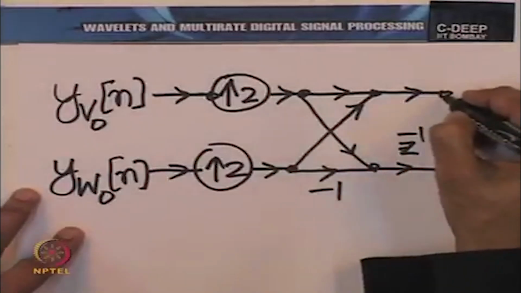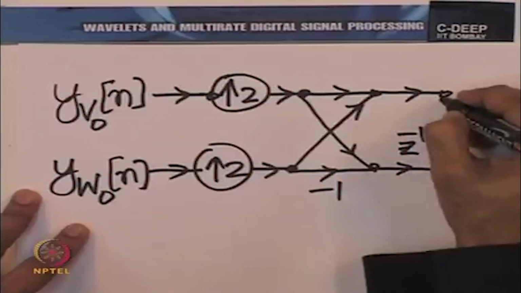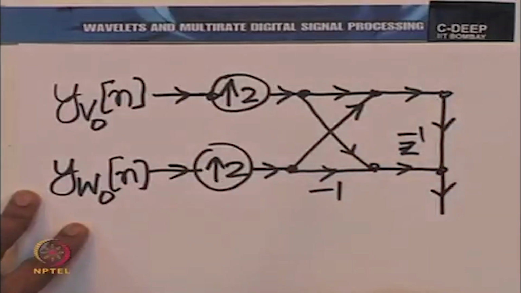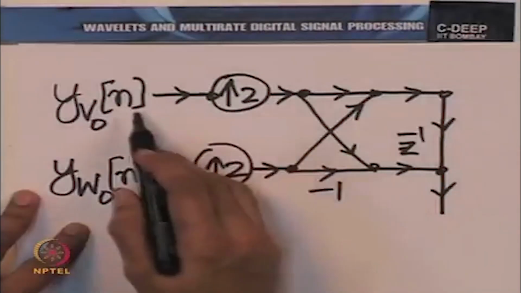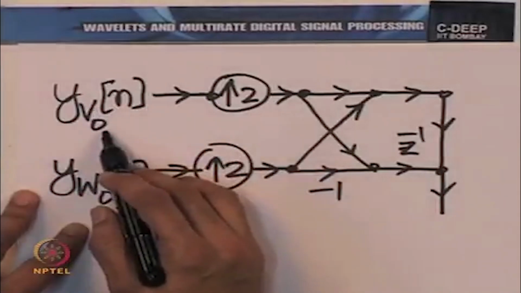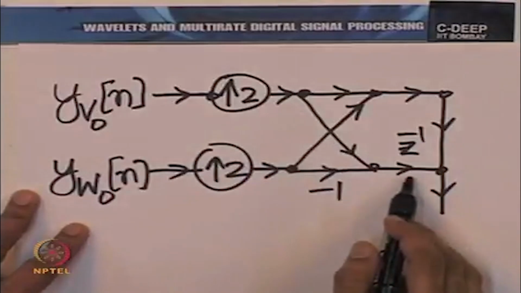So, you see, if you like, you can bring the addition here, it does not matter. So, look at what is happening. What is the operator acting on YV0? What is the operator acting on this branch?